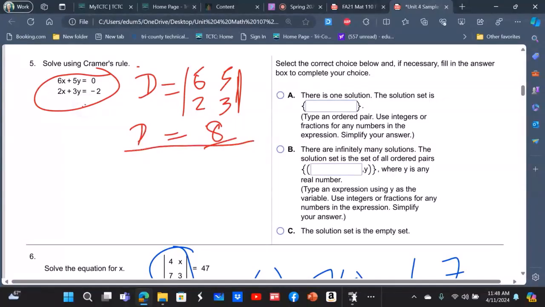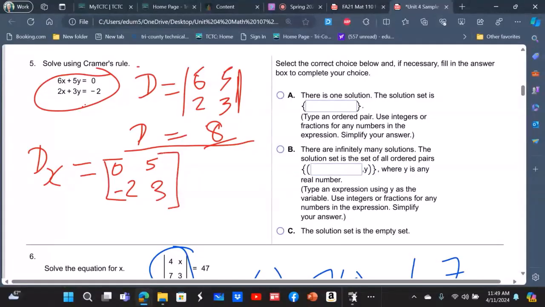Okay, we are told to solve this by Cramer's rule. And then you want to calculate the matrix of x. So anytime you want to calculate the matrix of x, your 2 by 2 matrix should have your constants. You replace x. So constants replace x, and then you put y in the other.